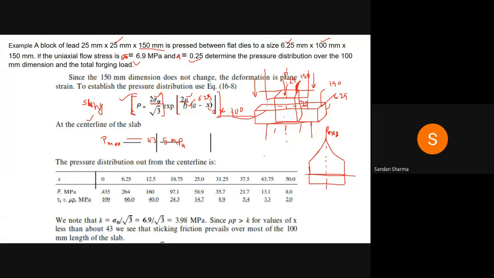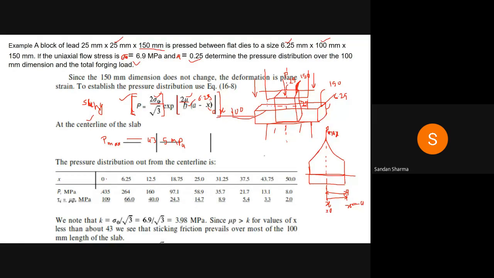Now, if you want to check the pressure distribution from the center line to the free surface: first at the center line, x equal to 0. You are starting x from here, and it is moving towards here up to the value of a. This half part you are considering, this is a. So at the center x equal to 0, and at the free surface x equal to a.